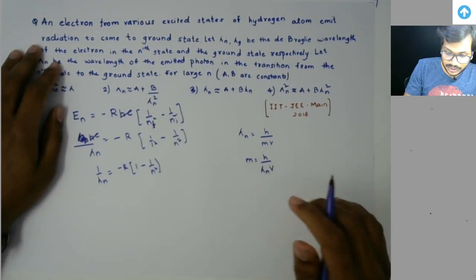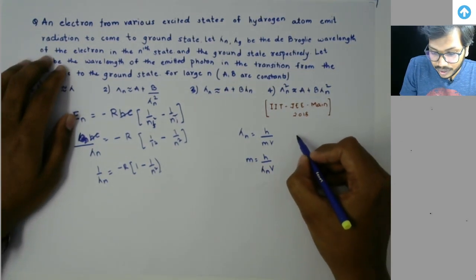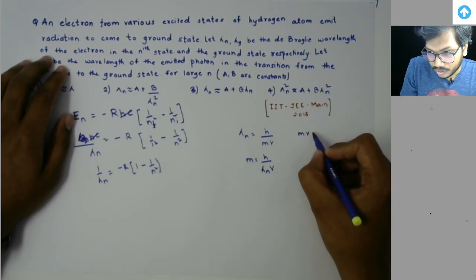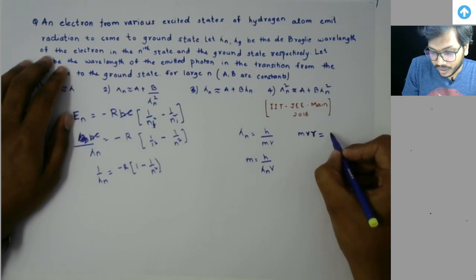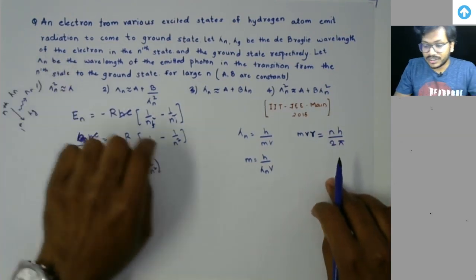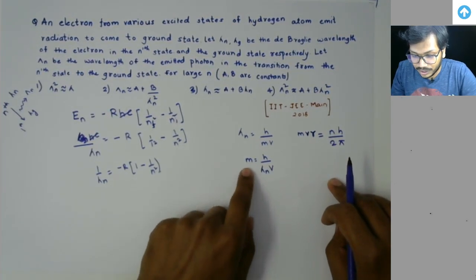Now let us keep this as it is. And from Bohr's atomic model, we get that the angular momentum of an electron, mvr, is equal to nh by 2 pi. So in this relation I wanted to substitute m. That is why I got m's relation here.